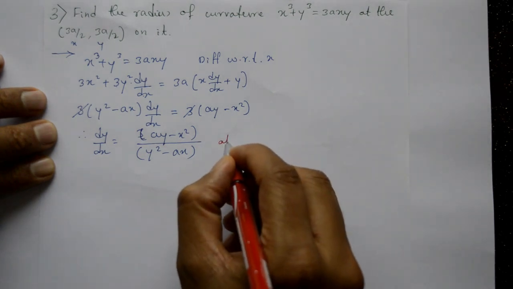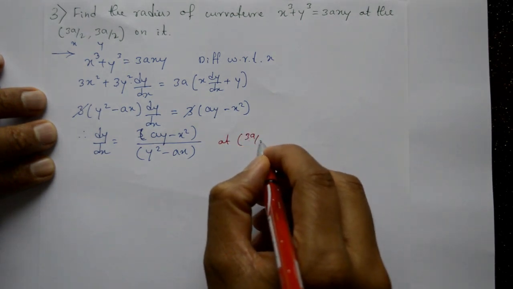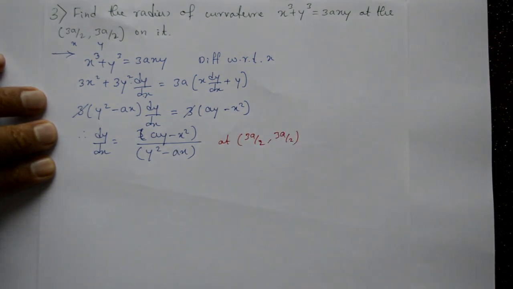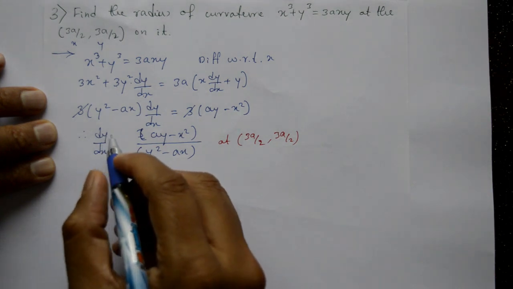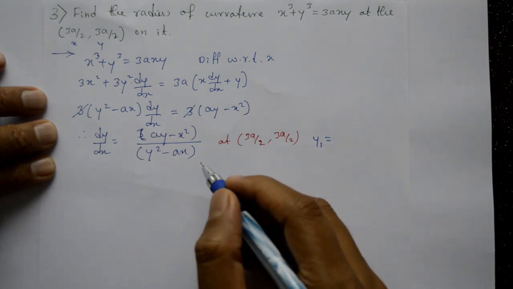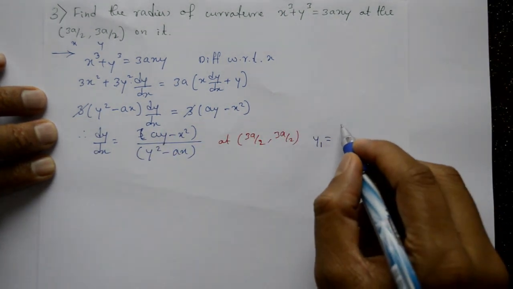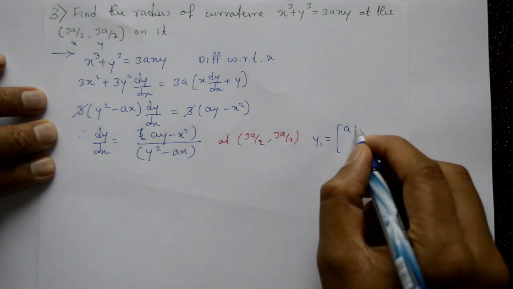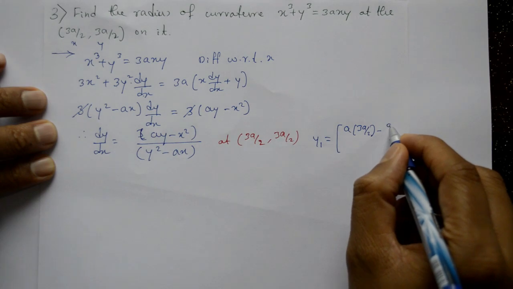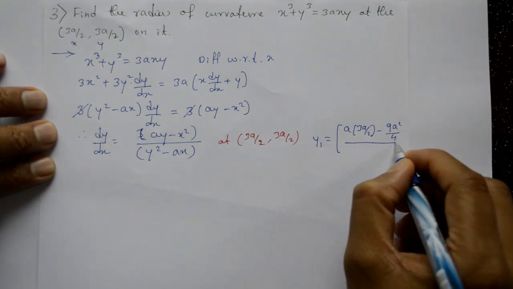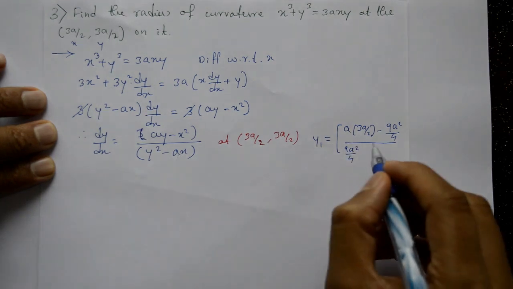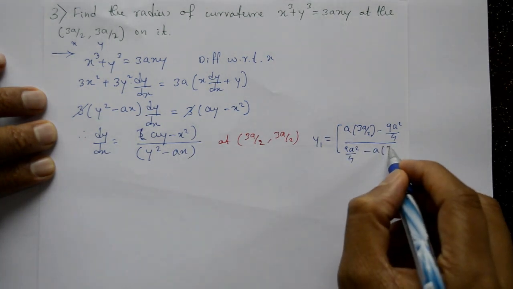Now the point is given, x is 3a by 2 and y is 3a by 2. Substitute x and y. Now y1 is equal to dy by dx. Substitute x and y: a into y is 3a by 2, minus x square means 9a square by 4, divided by y square means 9a square by 4, minus a into x, again 3a by 2.